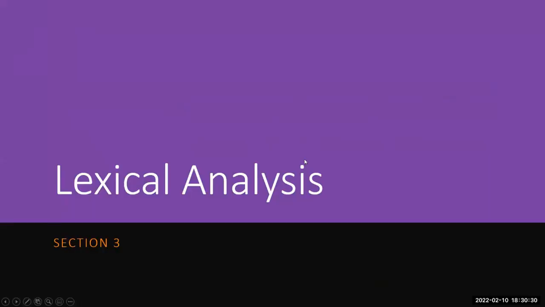Section 3, lexical analysis. In the previous section, we looked at a simple scanner using the split method, but it has limitations. Basically, the way we do it relies on the separator, using space.